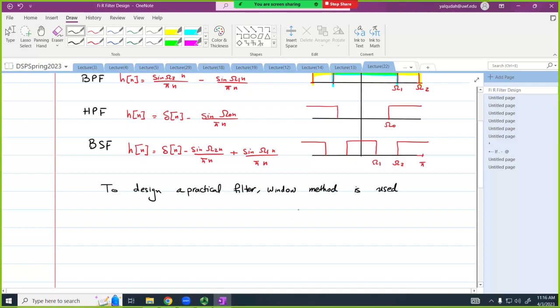Okay. So therefore, we're going to start with a non-realizable filter. And then we will alter h of n to get a causal and stable finite length h of n.